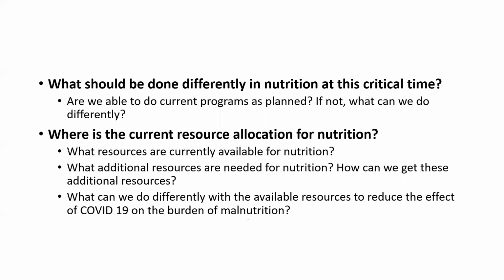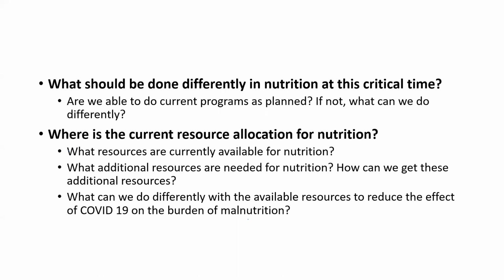And normally we work in a multi-sectoral way. Different sectors have different roles to tackle the malnutrition problem. The health sector at the moment is more focused on how to manage this epidemic.